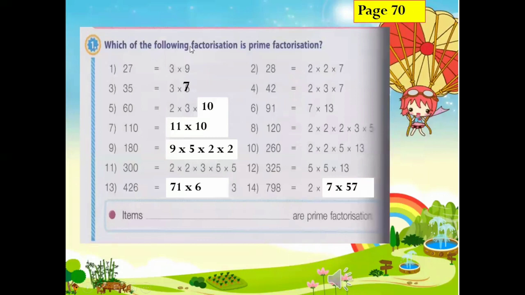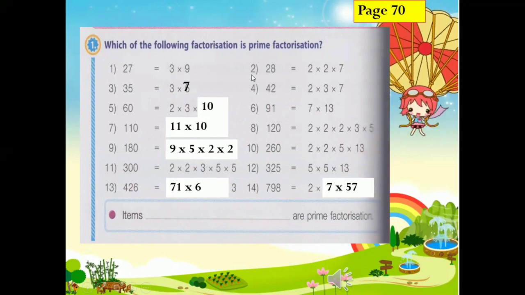Next, which of the following factorizations is a prime factorization? Circle the correct prime factorization. So number 1, no. Number 2, yes. Please answer all these ones.